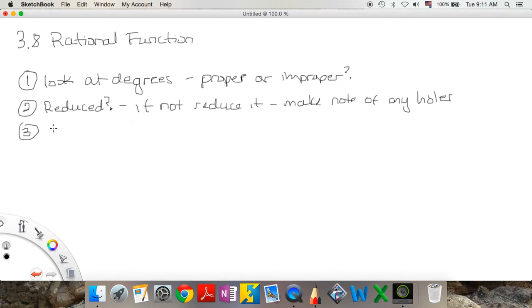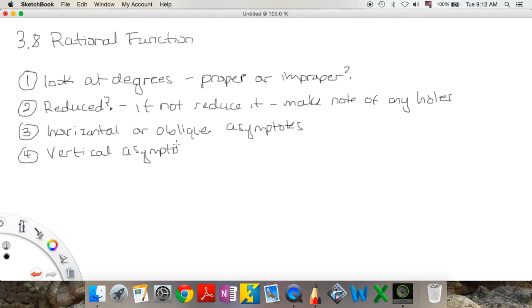Then we have to look at our horizontal or oblique, which just means slanted, asymptotes. And I'll show you how to find those. Remember, if it's proper, the horizontal asymptote is just y equals 0. Then we want to look at whatever vertical asymptotes we have, which is what's left after we've reduced it, what makes the bottom 0.